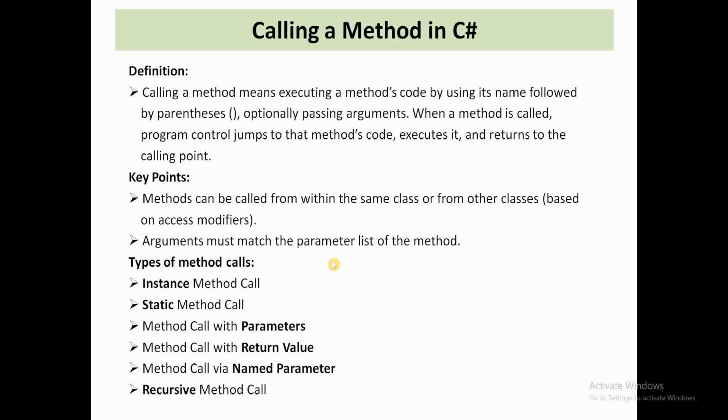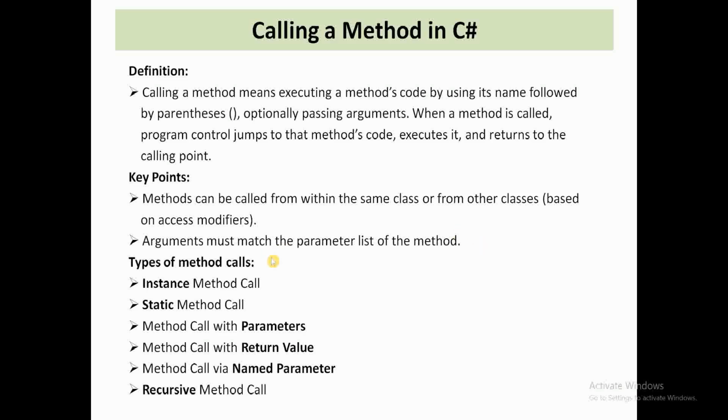Arguments must match the parameter list of the method. If we are using any arguments, we have to match that sequence with the method declaration. These parameters, such as integer and string, should be matched in the proper sequence.